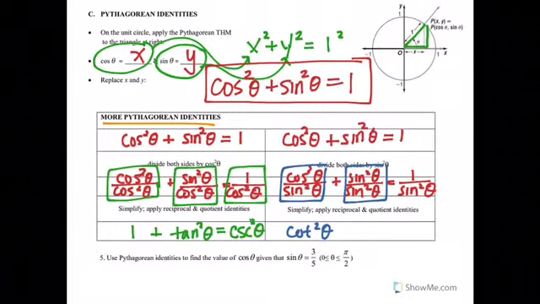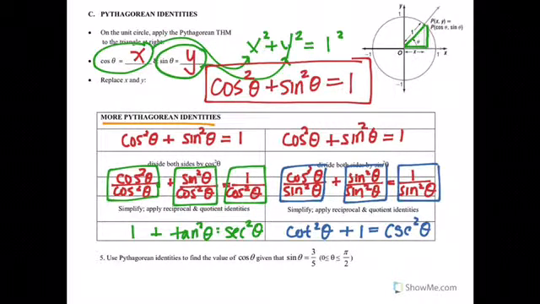Sine squared theta divided by itself is 1. And the reciprocal of the sine, or 1 over sine, is, oops, I have a mistake on mine. This should say cosecant. Let's fix this one. Cosecant squared theta, there we go. And the other one is the secant.